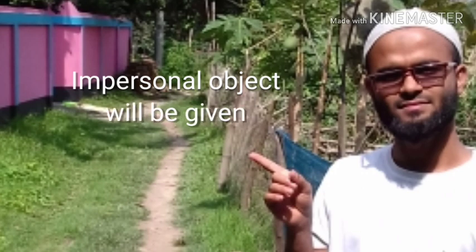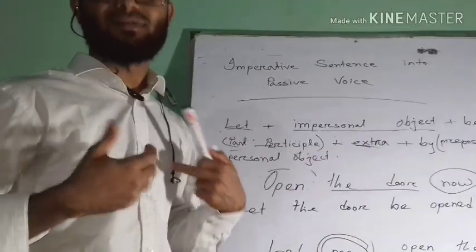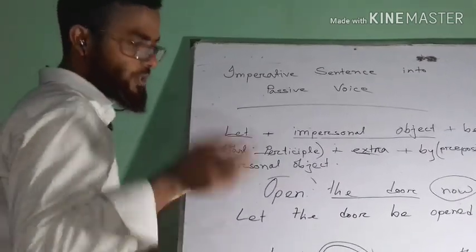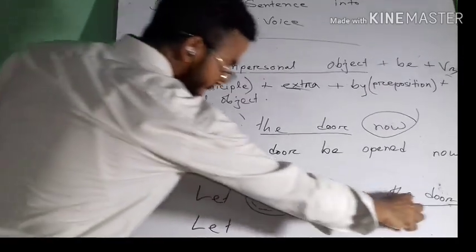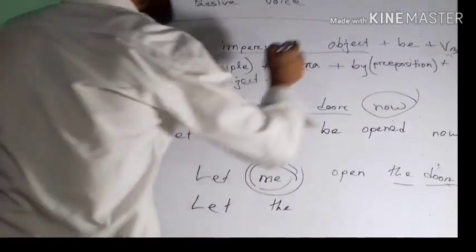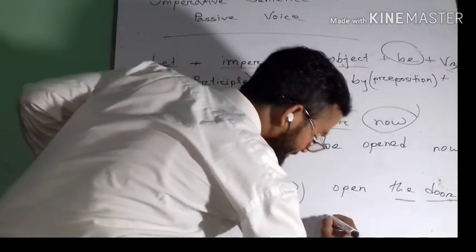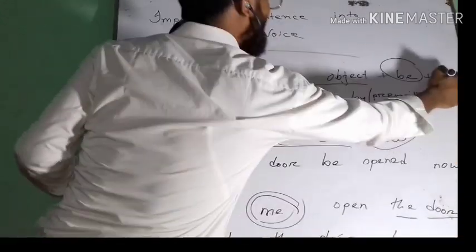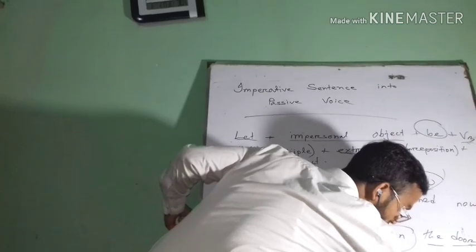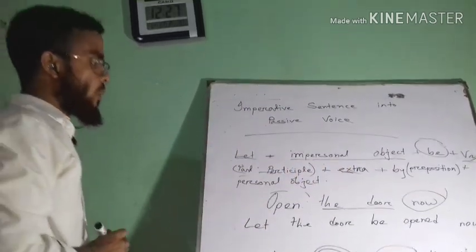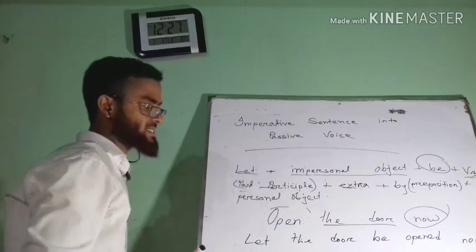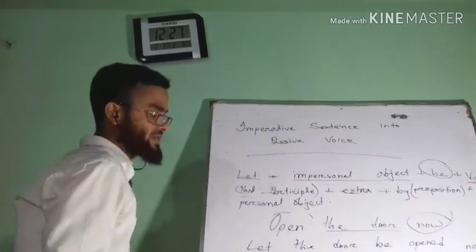The personal object means a person, like me, but the door is not a person, so we use it here. Let the door be opened. After that, we provide extra. There is no extra at this moment, so we don't need to think about it.